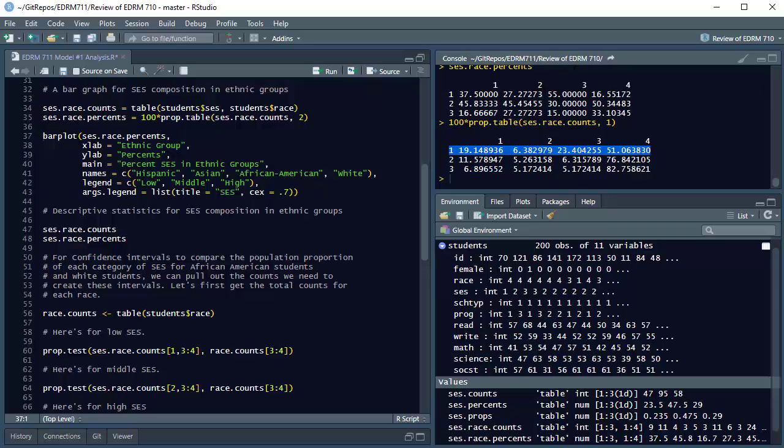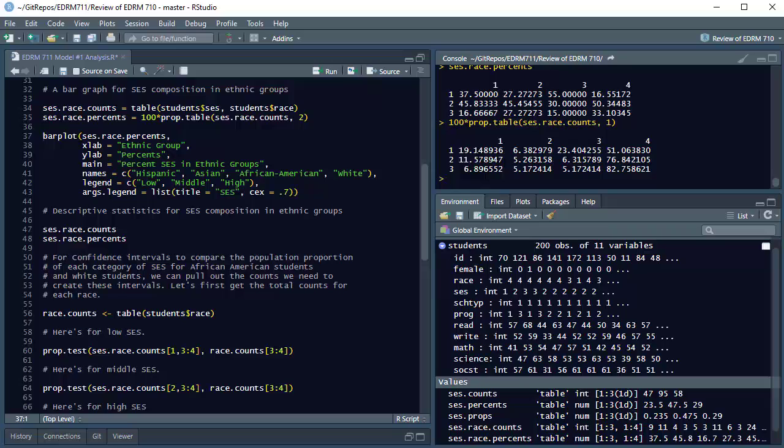You want it to be the proportion of SES within each of these samples, which represent these four different populations of Hispanic citizens, of Asian, of African American, of white. Okay?